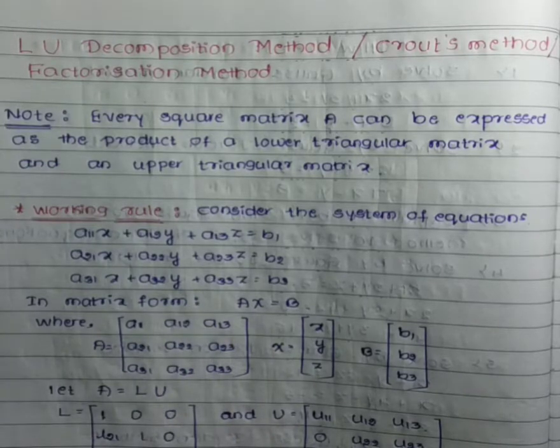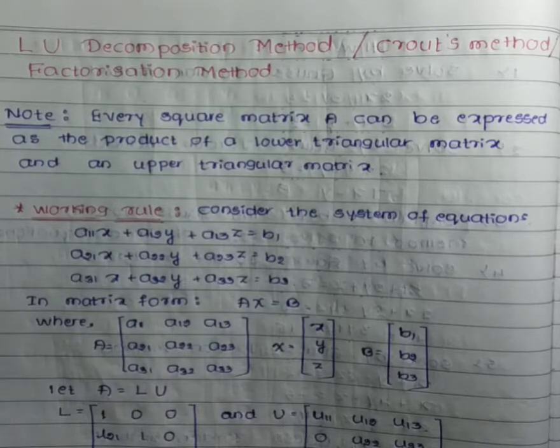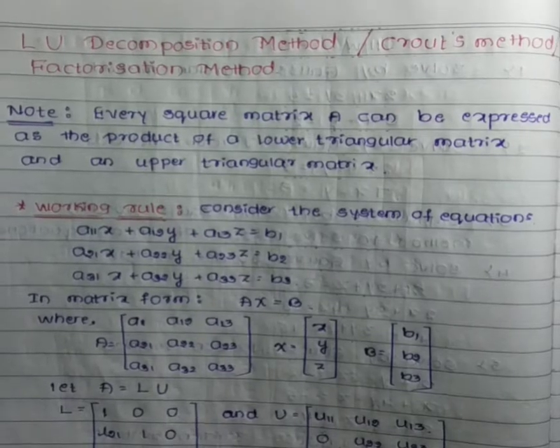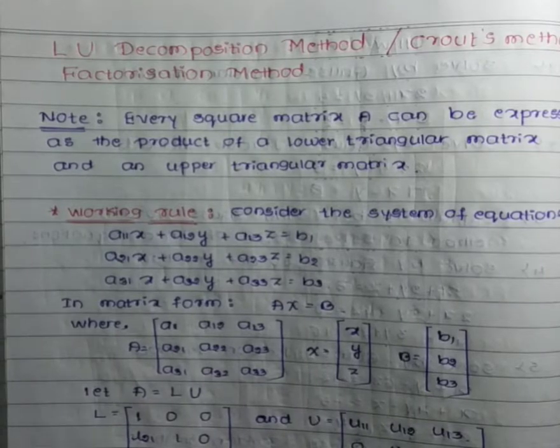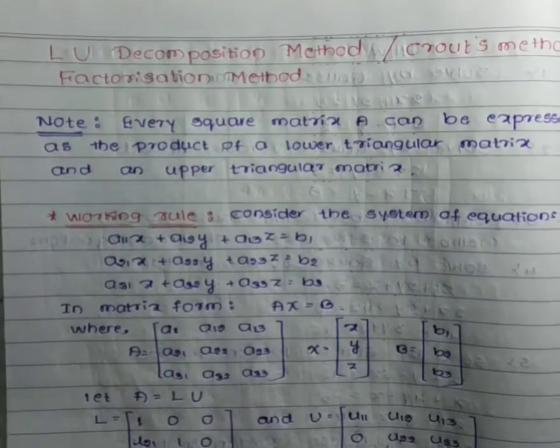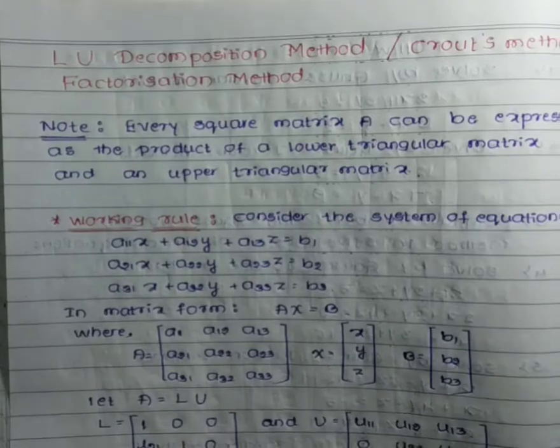So here the equation will be given in the form of AX = B, where matrix A we have to express in terms of product of lower triangular matrix and upper triangular matrix, and then we can proceed for the simplification. So here let us understand how it works.